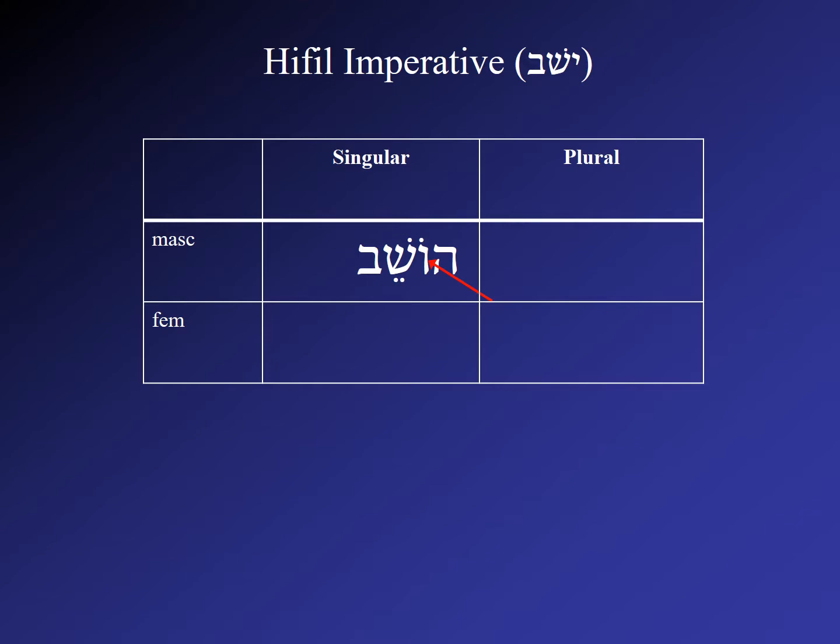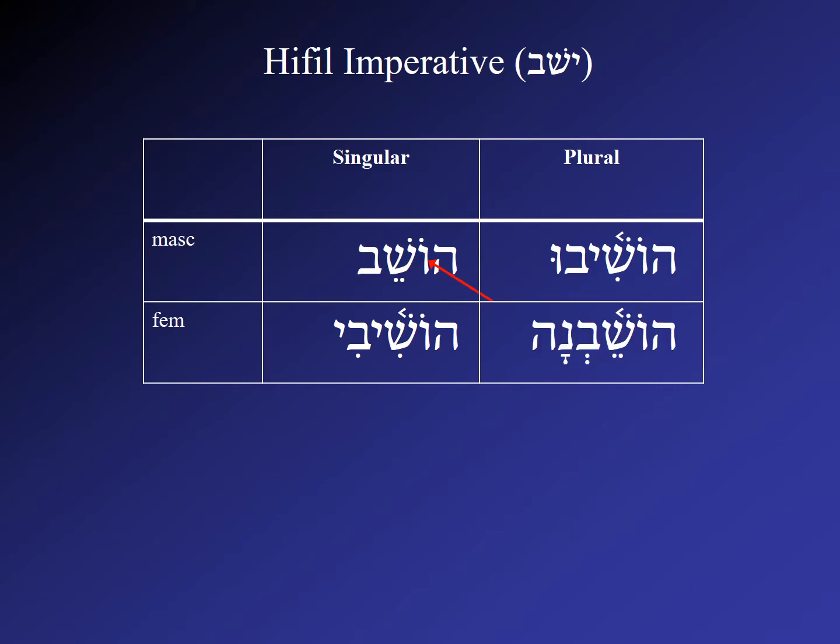That O sound, the holem vav, is the yod of the root returned to its original vav. From there, we can work out the other forms as well. So hoshivi, hoshivu, hoshevna. So masculine Hifil imperative of yashav: hoshev, hoshivi, hoshivu, hoshevna.